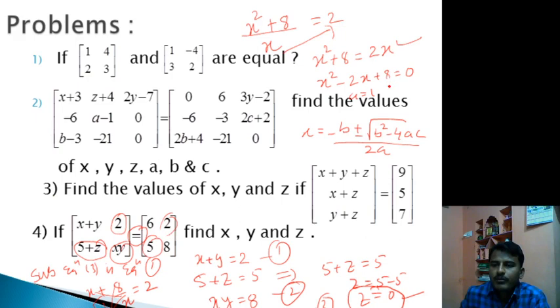What is the value of a? What is the value of b? Minus 2. C, that should be 8. Now substitute in the given Sridharan formula.